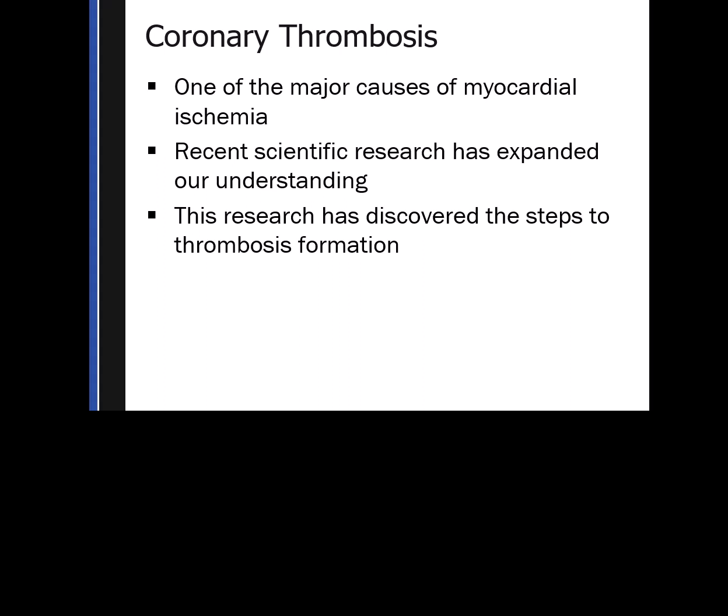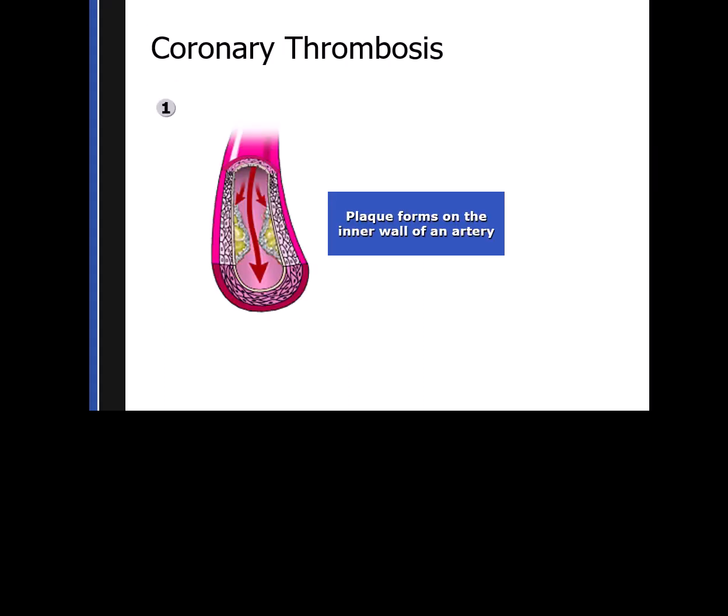So again, as we're going through here, I want to take us just a little bit deeper into the pathophysiology of what happens in a blood clot. So generally what we're looking at here, you can see plaque that begins to form on the inner wall of an artery. And this is primarily going to be caused by what?